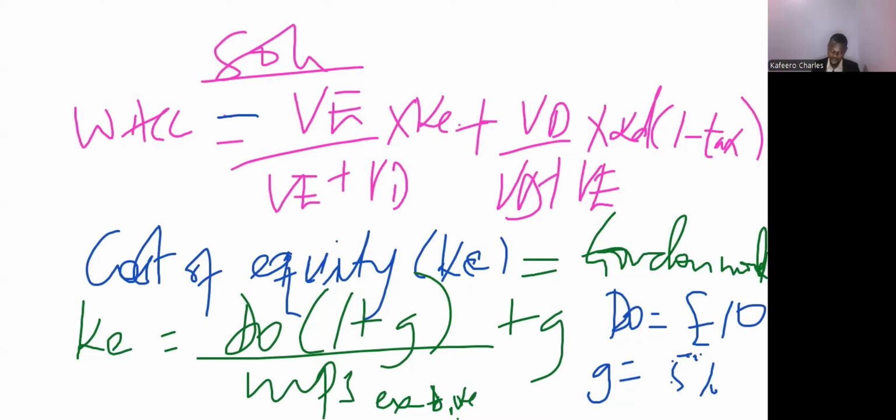The market price for this ordinary share, they told us is £1.2. So we just substitute into the formula: 10 into (1 plus 0.05) over 1.2, plus 0.05.